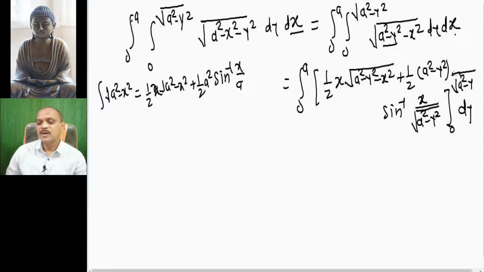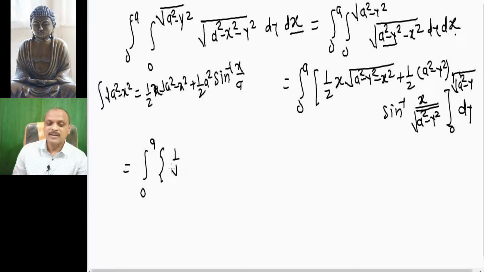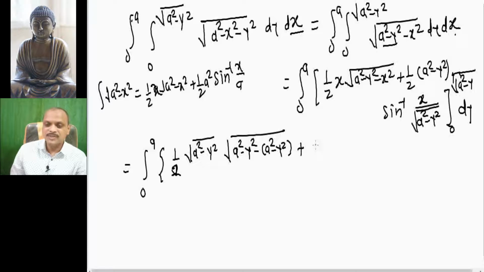Let us put in the upper limit and lower limit: integration 0 to a of 1 by 2 into upper limit under root of a square minus y square into under root of a square minus y square minus a square minus y square, plus 1 by 2 a square minus y square sine inverse of under root of a square minus y square divided by under root of a square minus y square, dy.